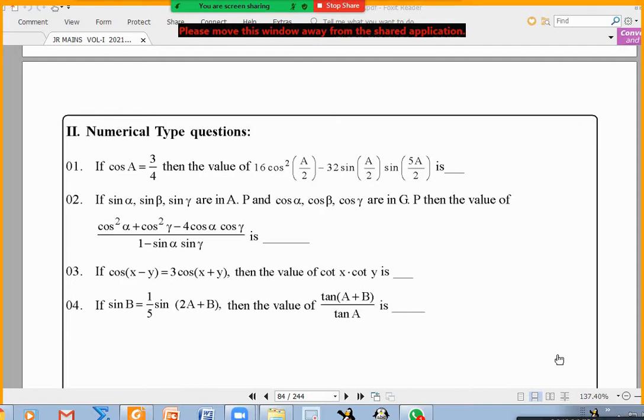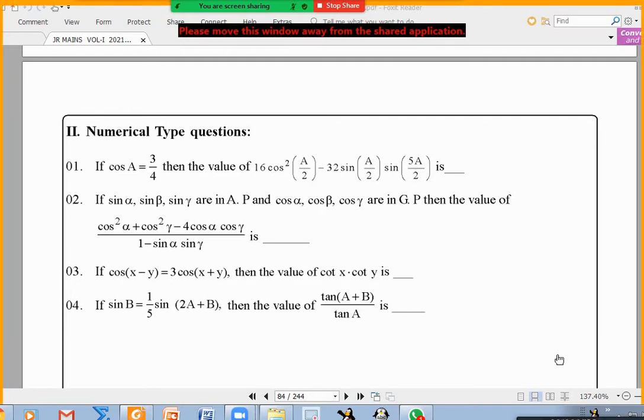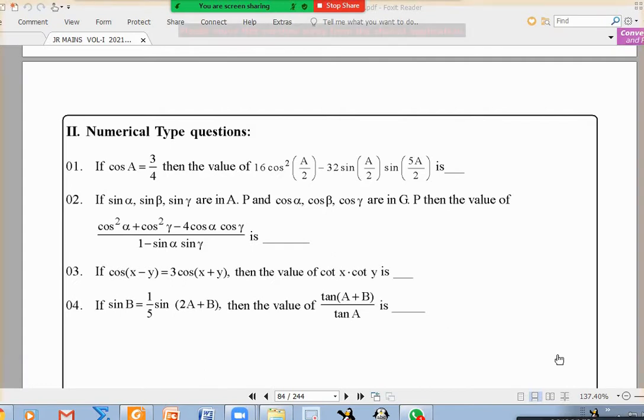Yes. 2 sin A sin B is cos A minus B minus cos A plus B. Is it okay? Yes, sir. Done, sir. Completed.